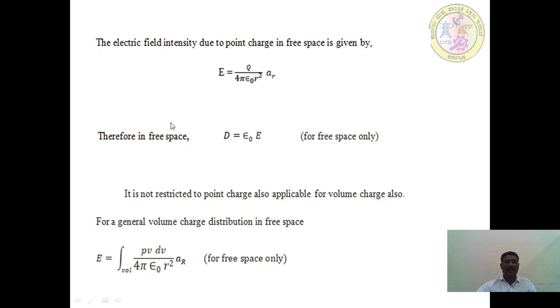Therefore, in free space there exists a relation between electric field intensity and electric flux density: D is equal to epsilon naught into E. Generally, D is equal to epsilon E. This is the relation between the electric flux density and the electric field intensity for a given dielectric material or permittivity.